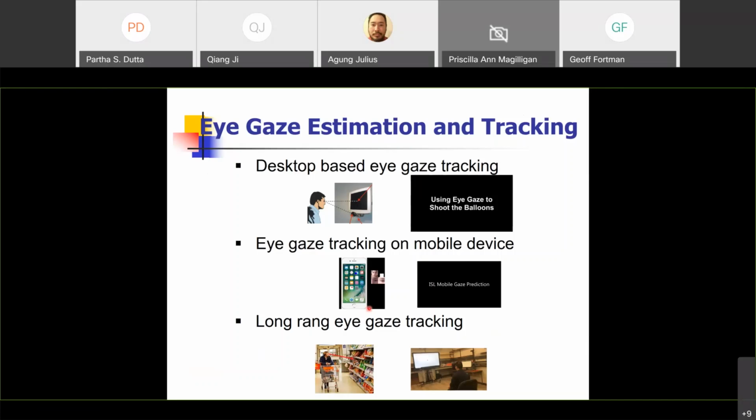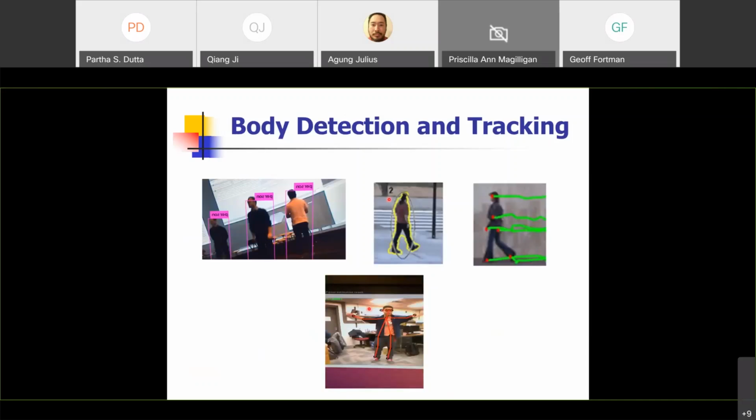Next is body behavior detection and tracking. The first thing we do for body behavior analysis is body detection. We have developed different techniques that detect the bounding box. Within the bounding box, we have the human body, and we can also detect the silhouette.